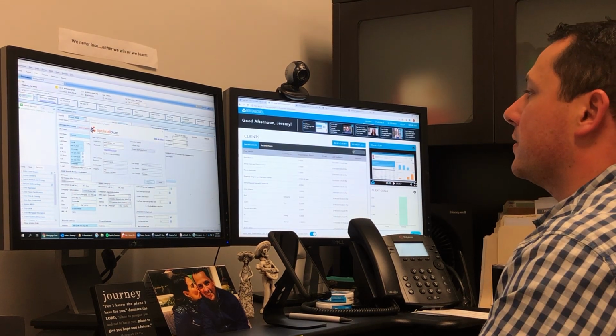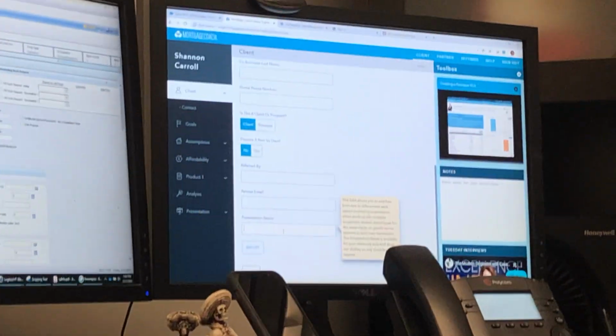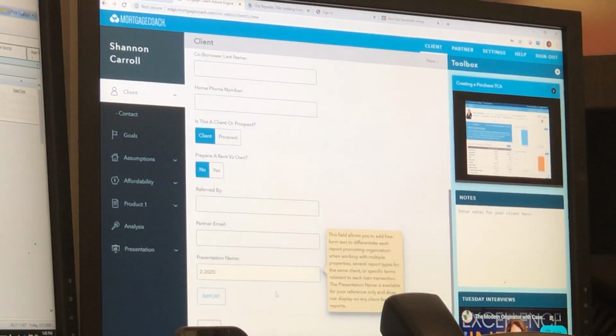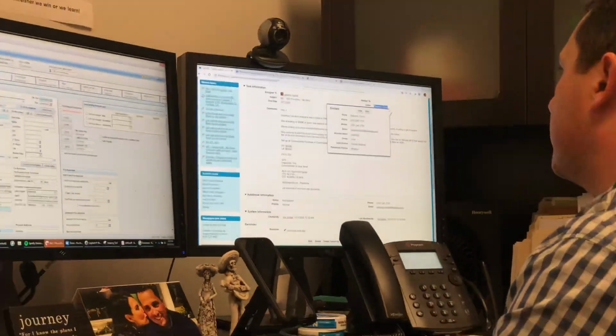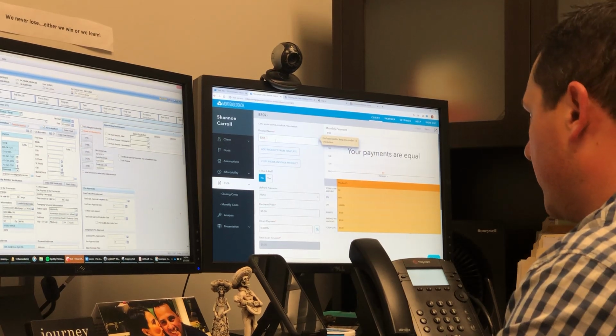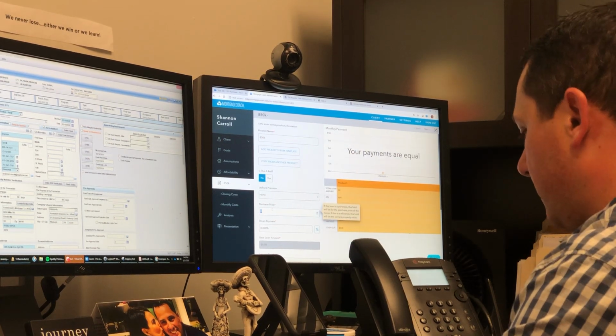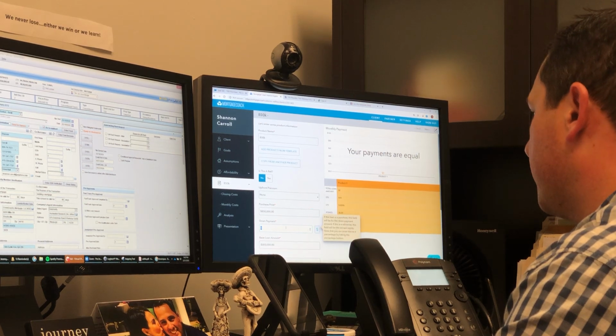So while this is loading to price it out, I just start creating the TCA. Put in the person's name, presentation name, next, goals, purchase home, product 1, 850, 50K, then I put in 850, I put in 300.